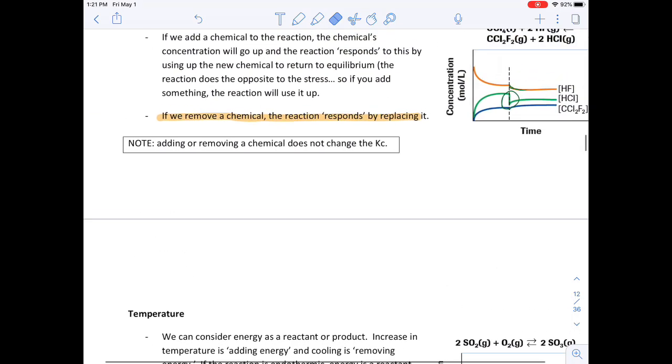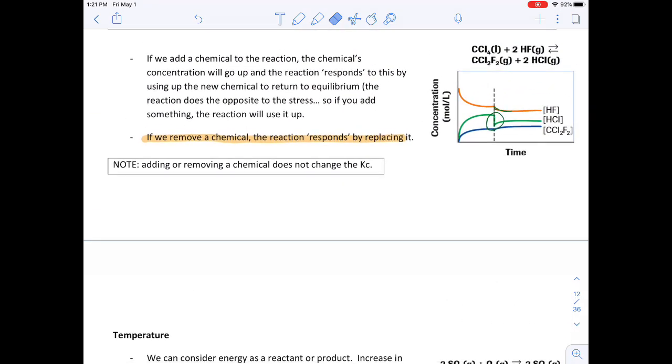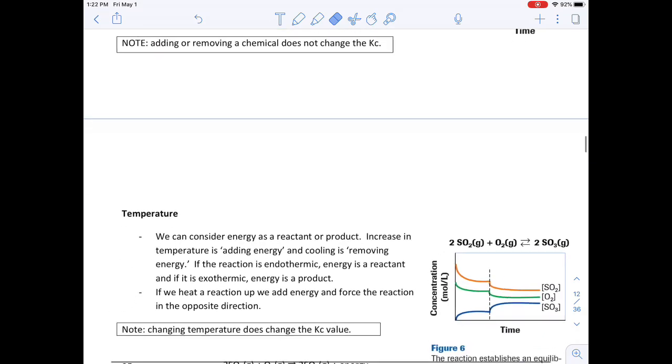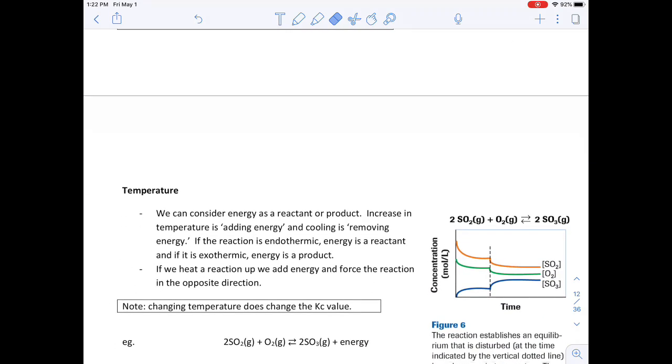So in the previous video, when we talked about adding or removing chemical, that doesn't change the Kc value. Le Chatelier's principle says it's going to shift to use up the chemical added or replace the chemical removed, but it gets back to that Kc value as long as the temperature is the same. But now temperature can change the Kc.